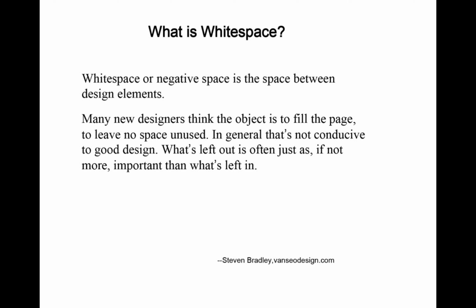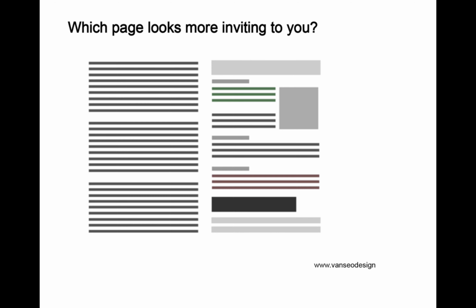So negative space can still provide visual weight. It can also contribute to the overall balance of the page. So in the end, it's all about balance. But if we look at these examples, imagine this text being text on the page. If you choose the example on the right, which one is more inviting to you?